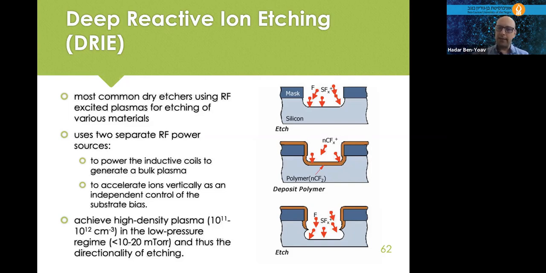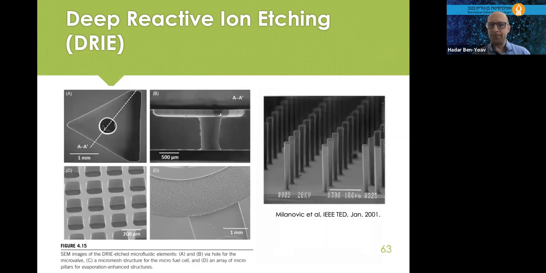So this repeats in a deep reactive ion etching, and usually you have much longer or deeper trenches if you want to etch your substrate. This is how it looks, very, very beautiful.